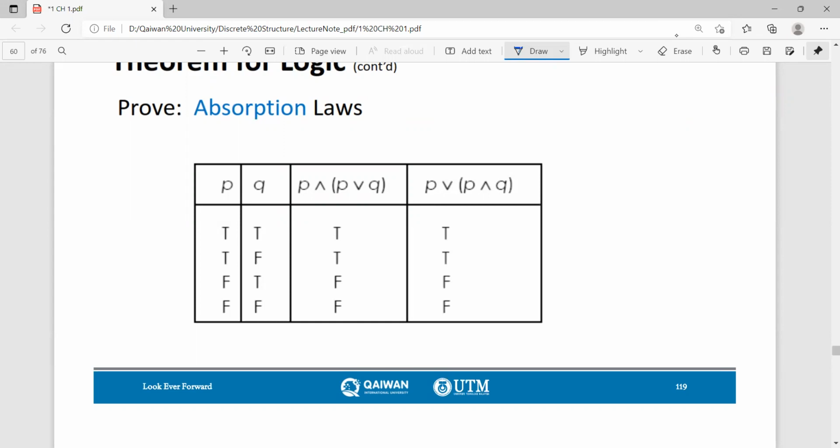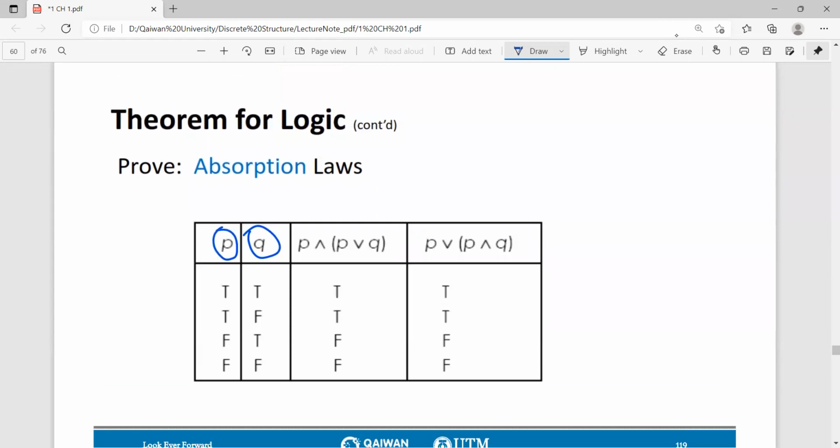We say if we have two propositions, P and Q, then P and (P or Q), and also P or (P and Q), these two are equivalent. Here we have only two variables.